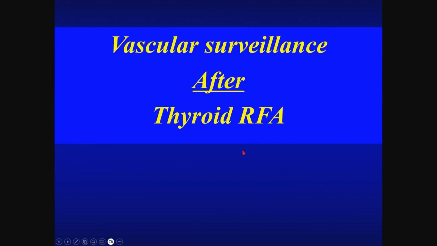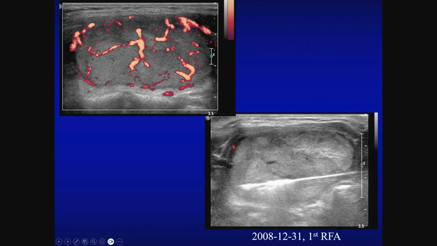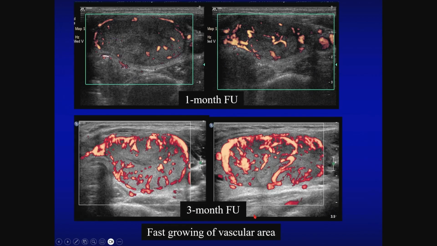Let me show the value of microvascular imaging after thyroid radiofrequency ablation. Here is the vascular solid tumor, first managed by RF ablation in 2008. One month after ablation, there is some marginal vascularity, but at 3 months, the nodule grows very fast.